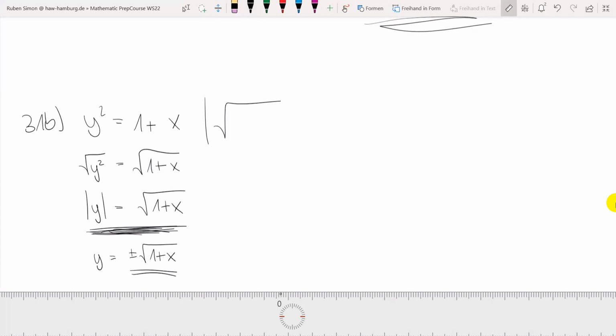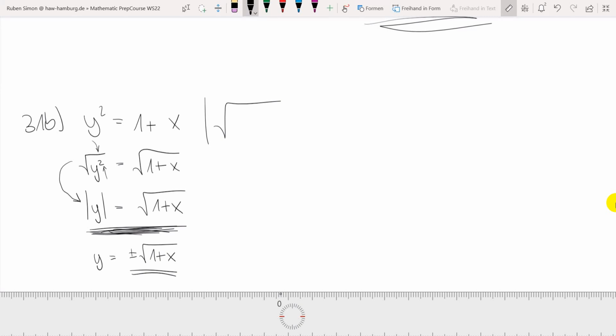Why can we do this? Of course, we have to remember the actual reason to apply this modulus, this absolute value operation. The reason is that if we square, which always gives us a positive number when we apply it to any variable, we are canceling this with a root.